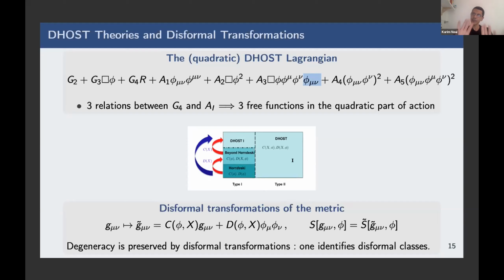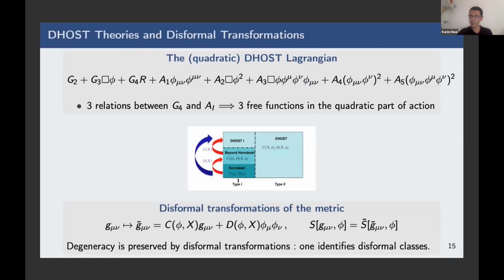Type 2 are completely independent from Horndeski theories, and we show that these type 2 theories are in fact unstable because they have no Ostrogradsky ghost, but they necessarily have a gradient instability. So there is another type of instability that rules out completely these type 2 theories. And so we only remain with type 1 theories, and we can show that all those theories in type 1 are in fact related to Horndeski by general disformal and conformal transformations.